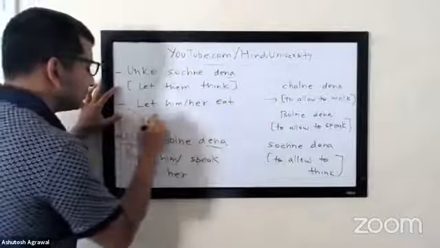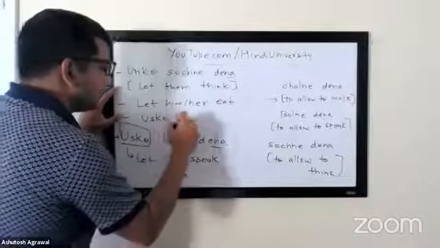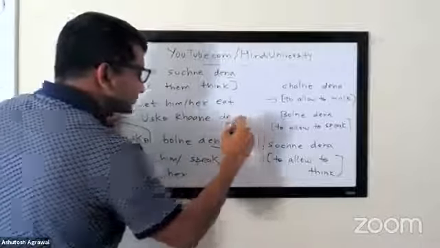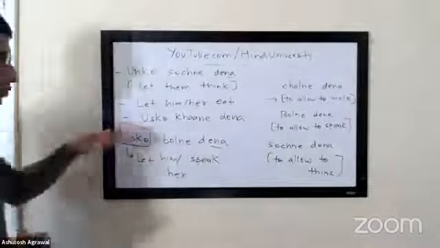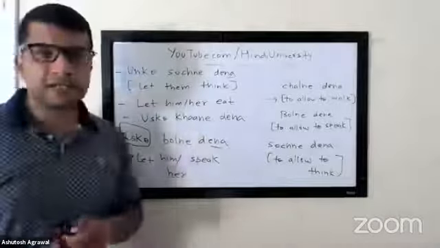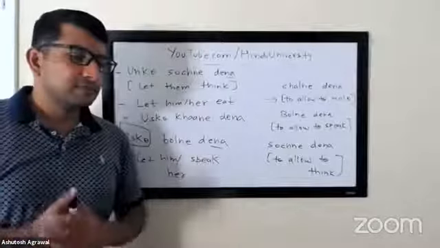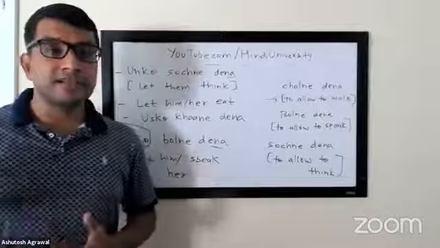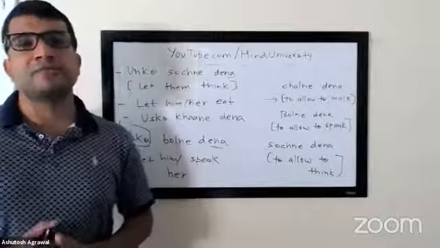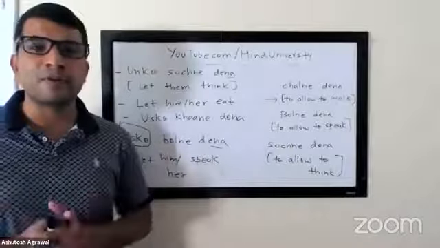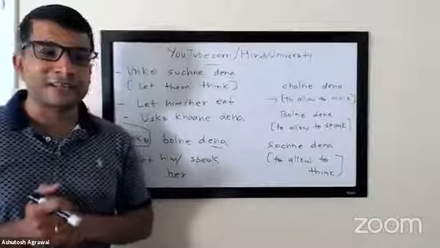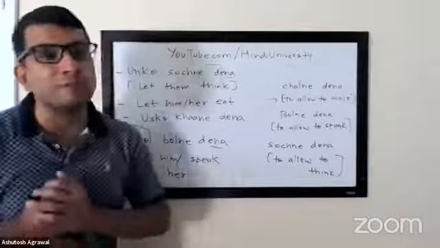Usko khane dena. Okay, there are multiple scenarios where you can use it. Let's say, a simple scenario I can think of, like a kid is playing in the park, and he's been playing for many hours, and dad and mom are talking, right? And dad is like, he's not finished the homework, right?